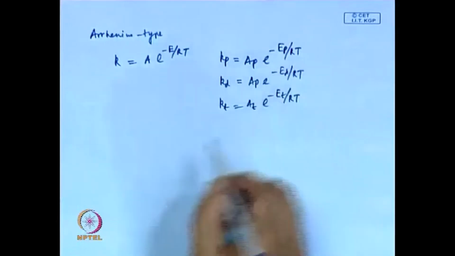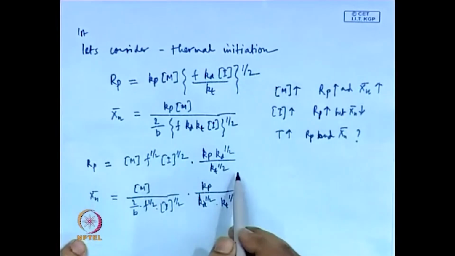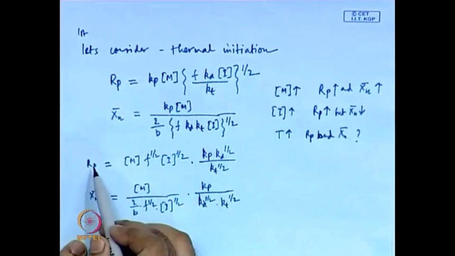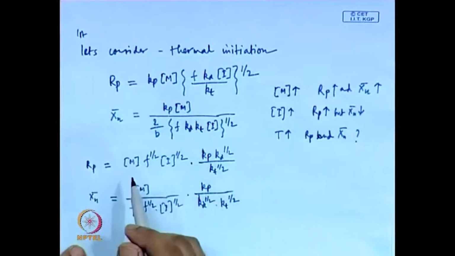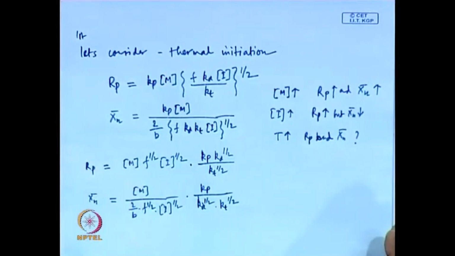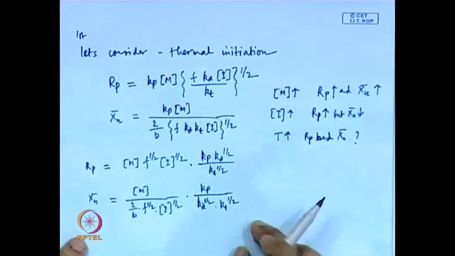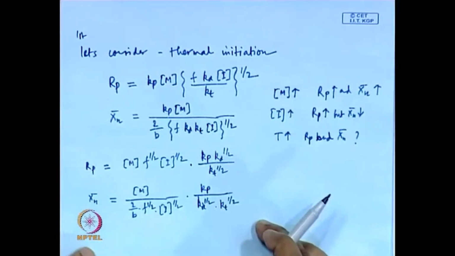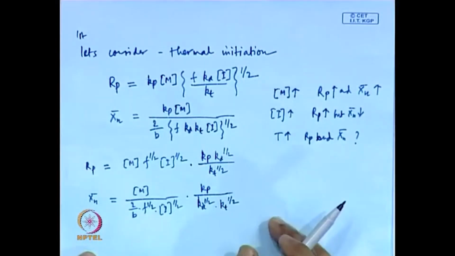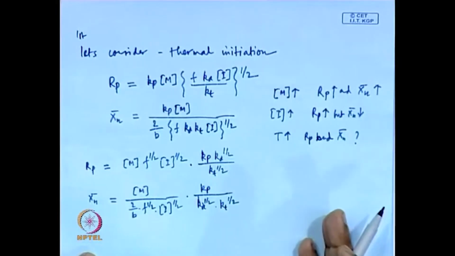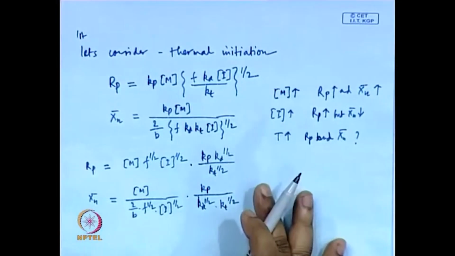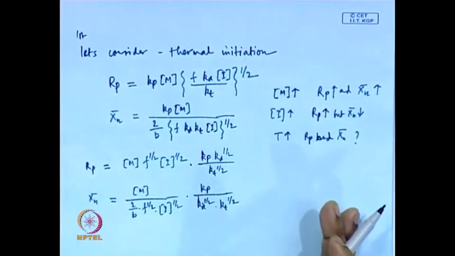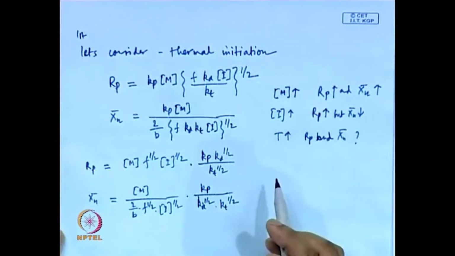Now, this is the expression for rate of propagation. We know that the monomer is consumed both in the initiation process and in the propagation process, but because the monomer consumed in initiation is very insignificant compared to the propagation process, the rate of polymerization is equivalent to the rate of propagation.